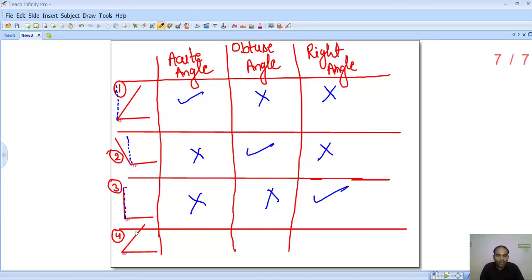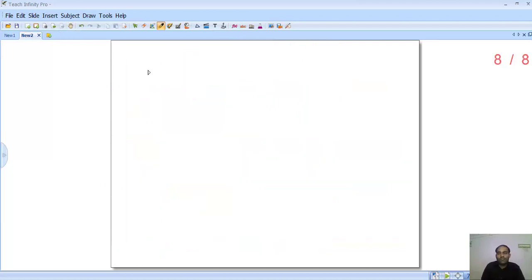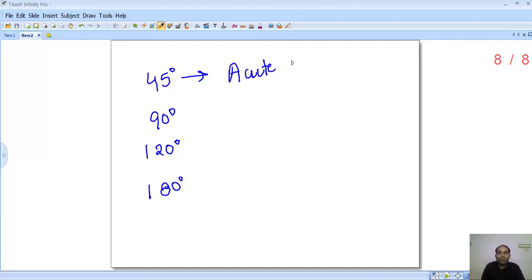For this one, let me draw 90 degrees and then you will be able to recognize less than 90 or greater than 90. Less than 90, so an acute angle. Okay, let me take one more page. Now look here. Some angles are given: 45 degrees, 90 degrees, 120 degrees, 180 degrees. The 45 degree angle is less than 90 degrees, so it is an acute angle.